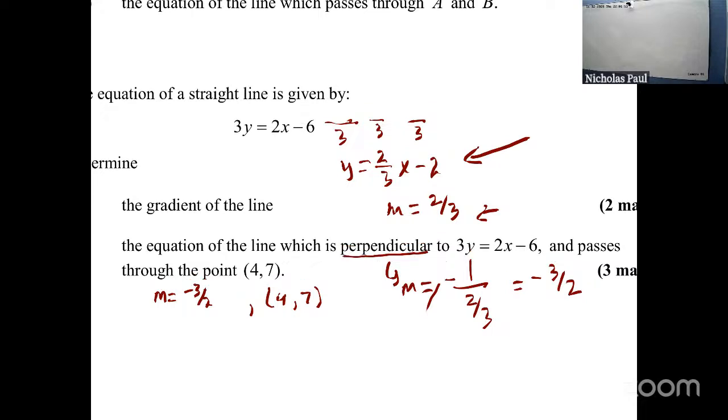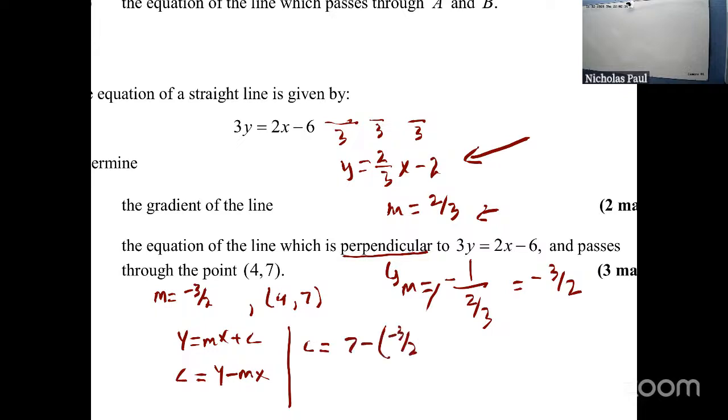But that's not the equation of a line. Always the same thing we're doing over and over. Yeah? We're using y is equal to mx plus c. We know m, and it's just to find c. Right? Y is 7.